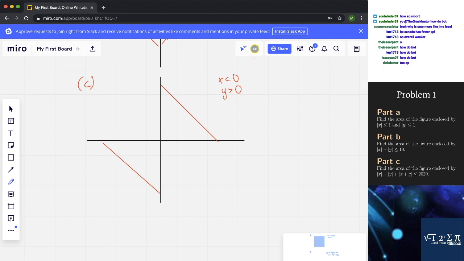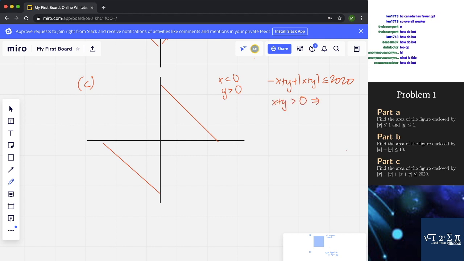That means we're considering minus x plus y plus the absolute value of x plus y is less than or equal to 2020. So we have two cases. Given x plus y is greater than 0, this gives y is less than 1010. And given x plus y is less than 0, this gives x is less than or equal to 1010. Or greater than... Is this less than or greater than?